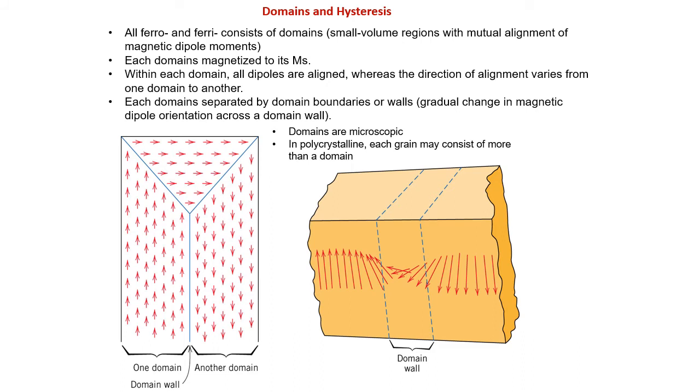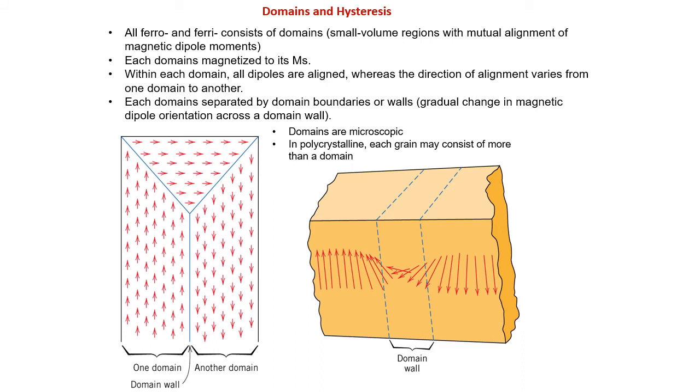Each domain is separated by domain boundaries or walls, where there is a gradual change in magnetic dipole orientation across a domain wall. Domains are microscopic, and in polycrystalline materials, each grain may consist of more than one domain.